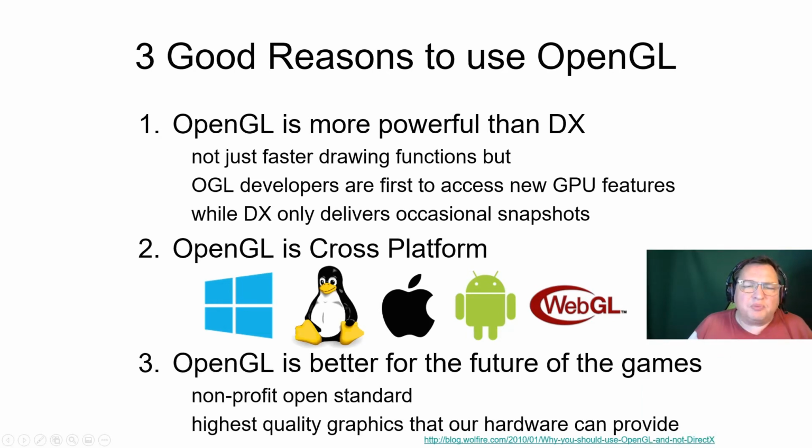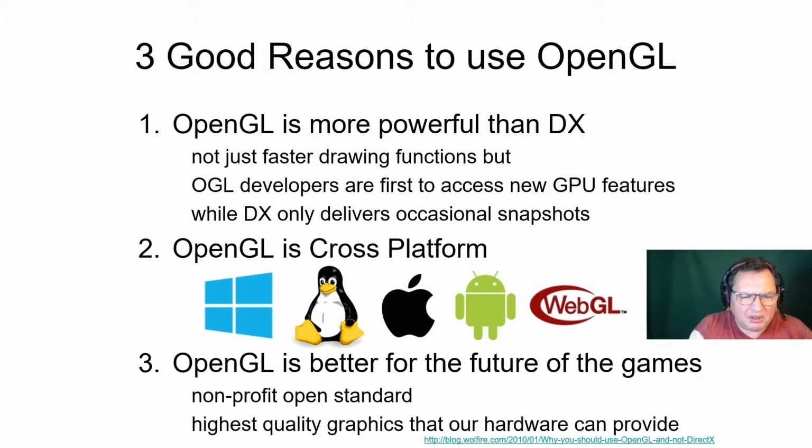OpenGL is generally better for the future of games. It's a non-profit open standard, and it provides the highest quality graphics that the hardware can provide. Also, we have to keep in mind that OpenGL, as an industry standard, is currently being replaced by Vulkan, and Vulkan provides a new level of quality, which is comparable.